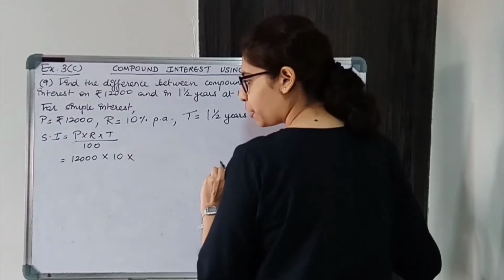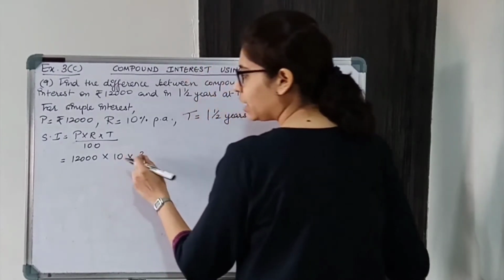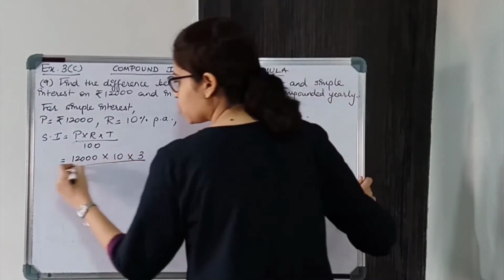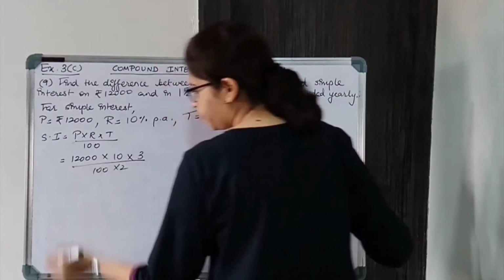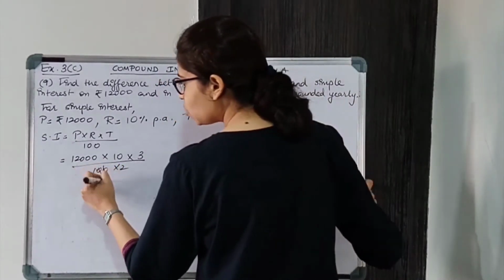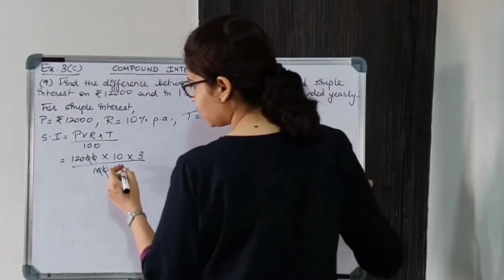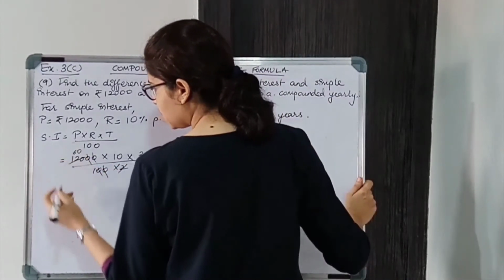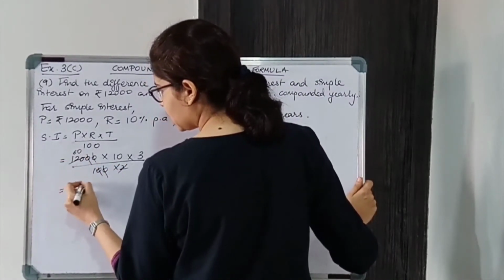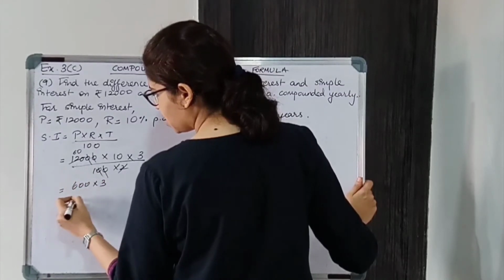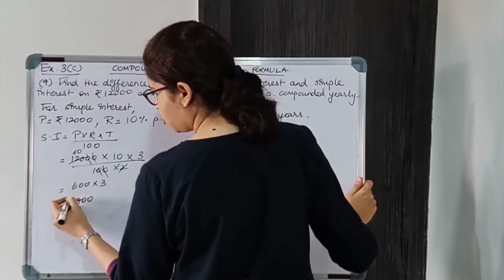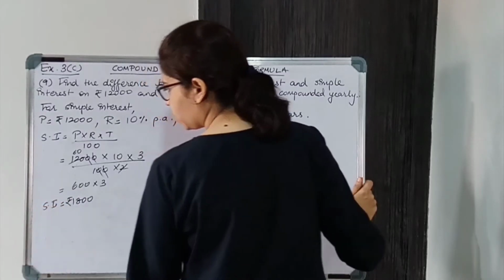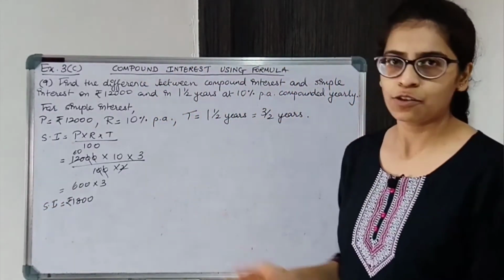If you write 3/2, then 2 will go in the denominator, so 100 into 2. The zeros will get cancelled. 2 sixes are 12, so we get 600 into 3, that is 1800 rupees. So simple interest is 1800 rupees.